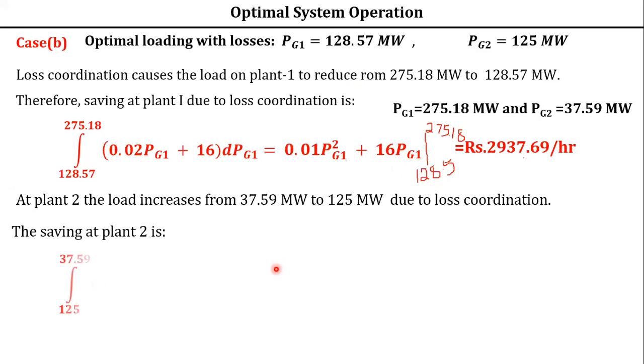Now savings are planned too, so I am giving it here. See here, 0.04 Pg2 plus 20 of dPg2. So now you do it.